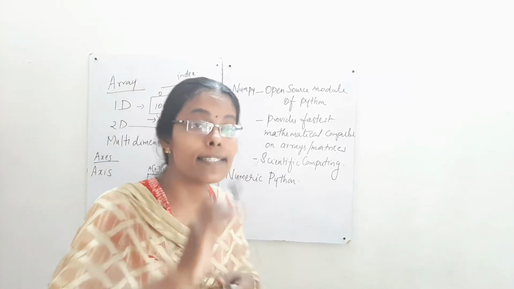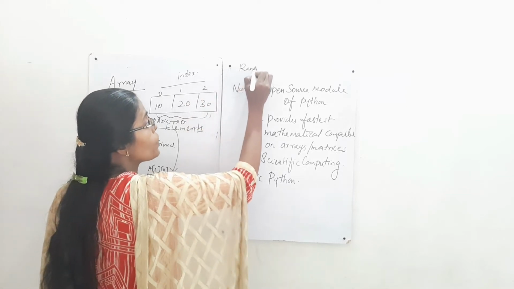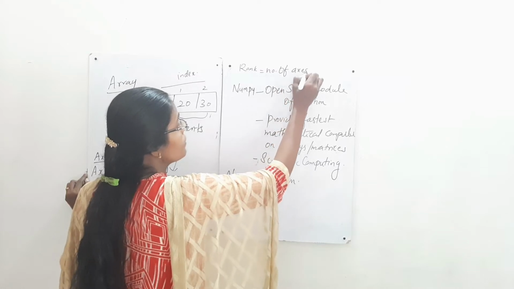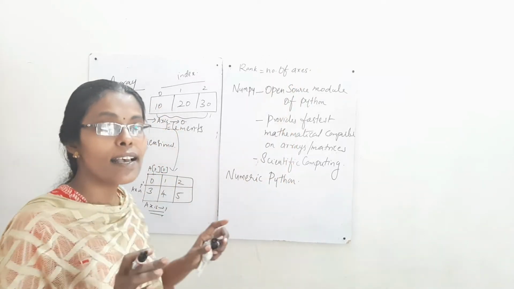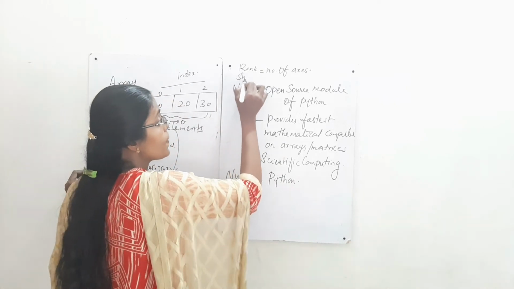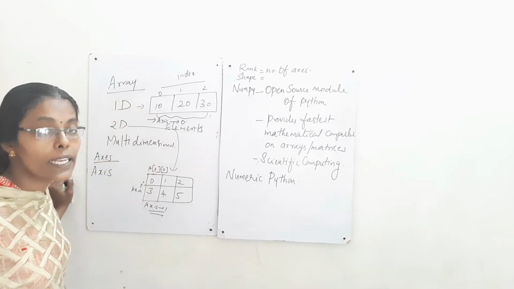Then next term is rank. What is rank? Rank is the number of axes. We can write it as number of axes is termed as rank. Then next term is shape. These are all the terms we need to keep in our mind. This is very, very important.